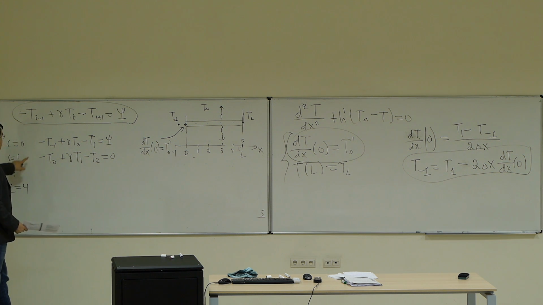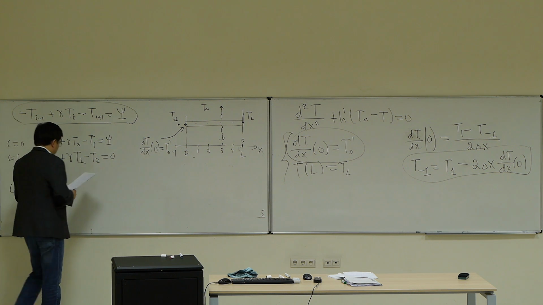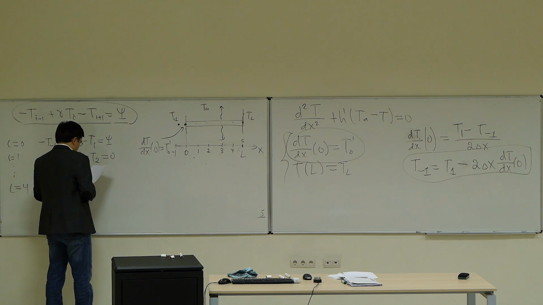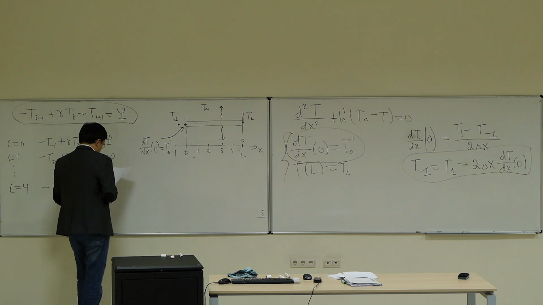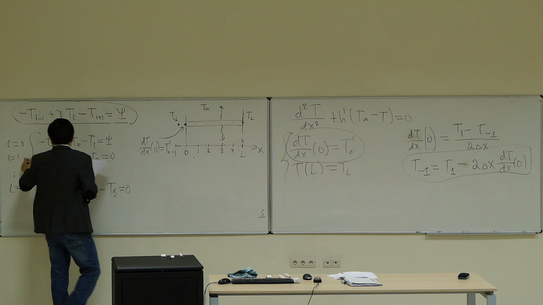I keep applying this formula at the rest of the interior points, and finally for i equal to 4, I get minus t3 plus gamma t4 minus t5 is equal to 0.